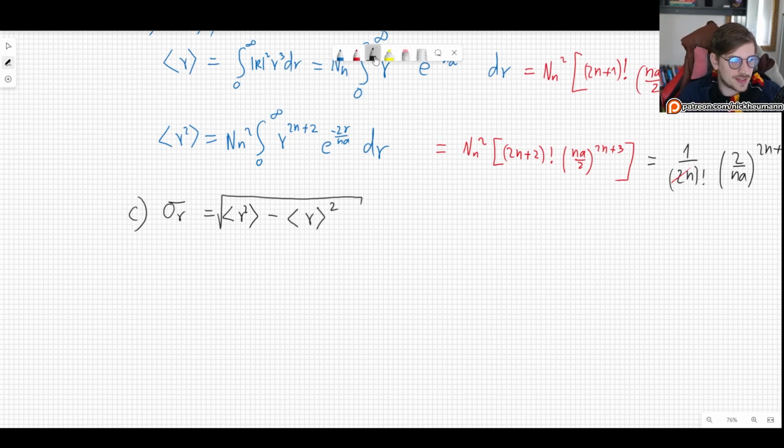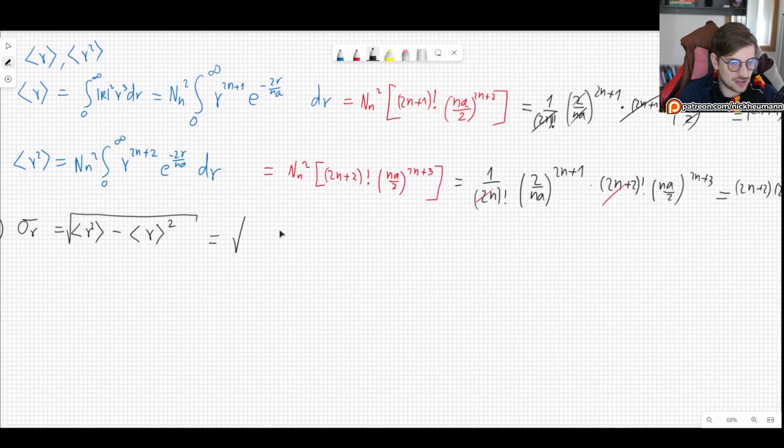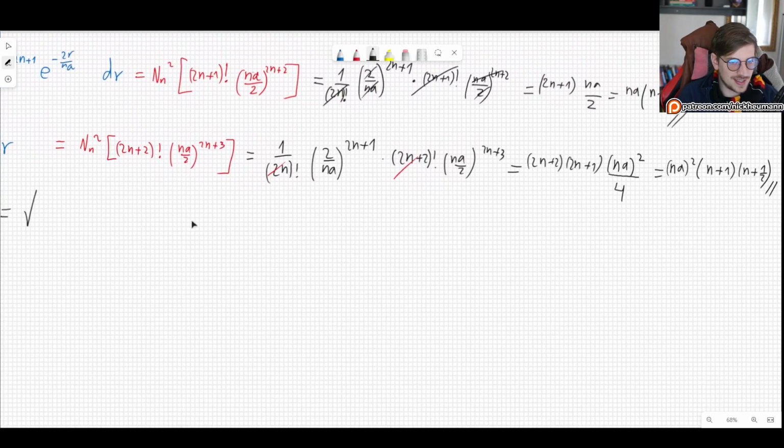Okay. Anyways, so let's now plug in our results. So this is the square root of the expectation value of r squared, which is that thing over there. So this is na squared n plus 1 n plus 1/2 minus the expectation value of r squared.